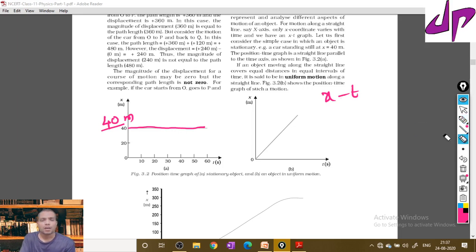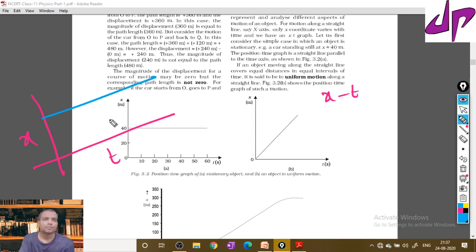So this graph tells about an object at rest. It means if a graph is a plot between x versus time and the line is parallel to the time axis, this line represents that the object is at rest.